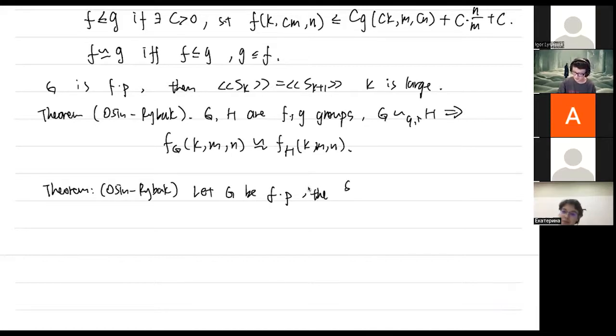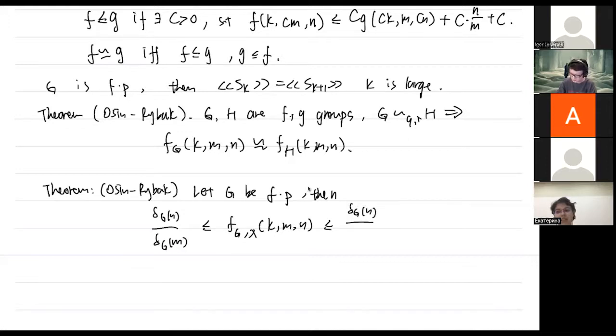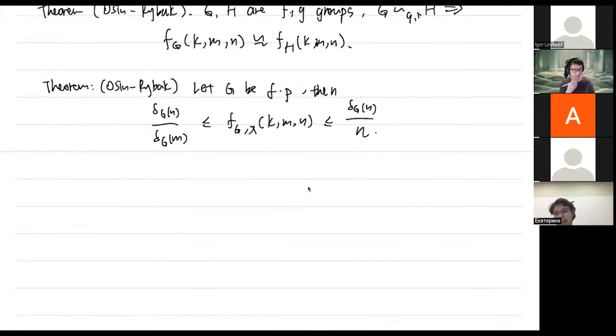Then the Dehn function of G, the normal Dehn function, gives a lower bound for this function K(m, n), in terms of m and n respectively, and the upper bound is given by the Dehn function divided by m.